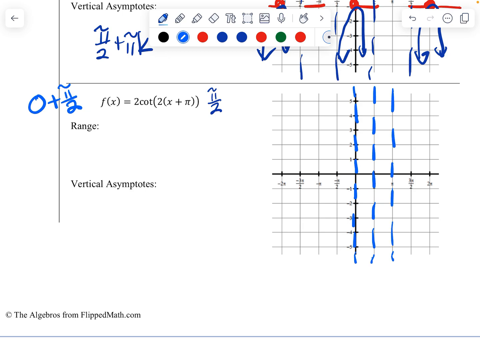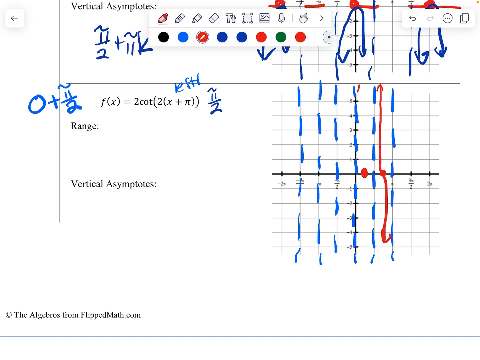And a vertical plus pi, oh shoot, we need to move these to the left pi. But if I move it to the left pi, right, it's really not going to shift these at all, because they're every pi over 2. Okay, and this is a cotangent, and it didn't move up 2 or anything, so it would be here. And I'm not going to draw all of these in.